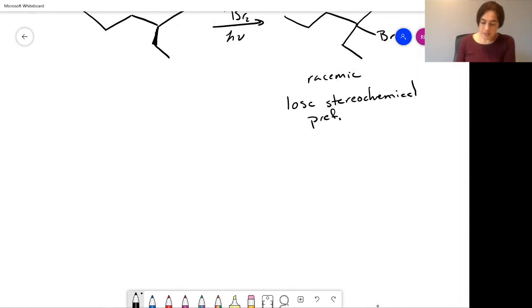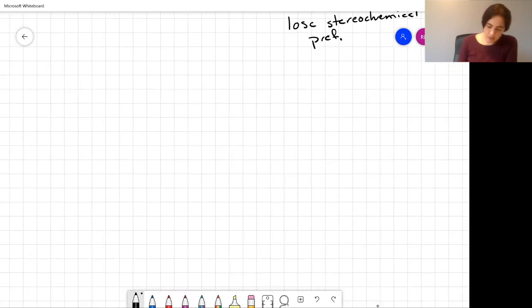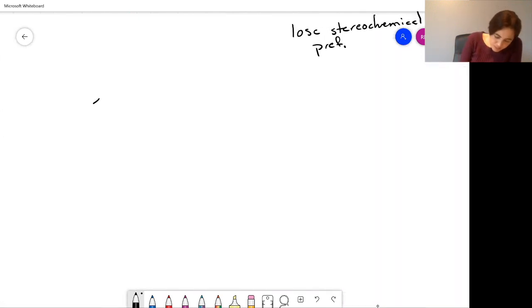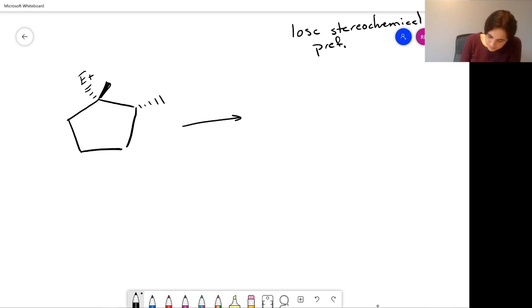So you won't get a preference for one or the other, you'll get a racemic mixture. Let's do one more example of this. So again, we'll use bromine just because it is selective.